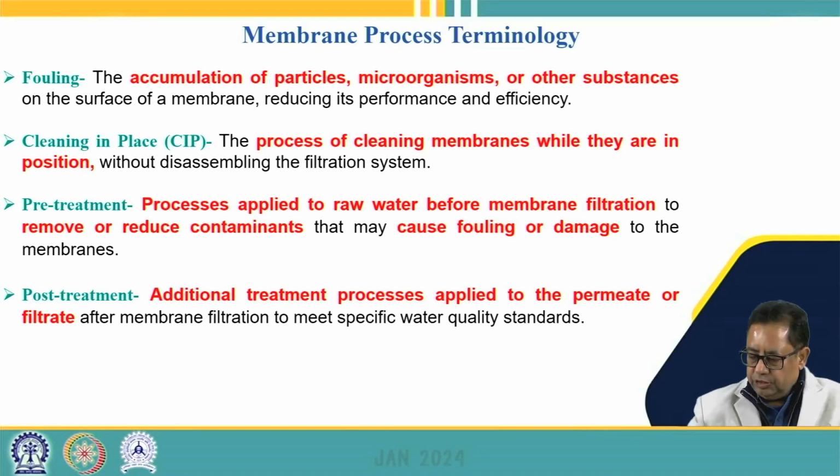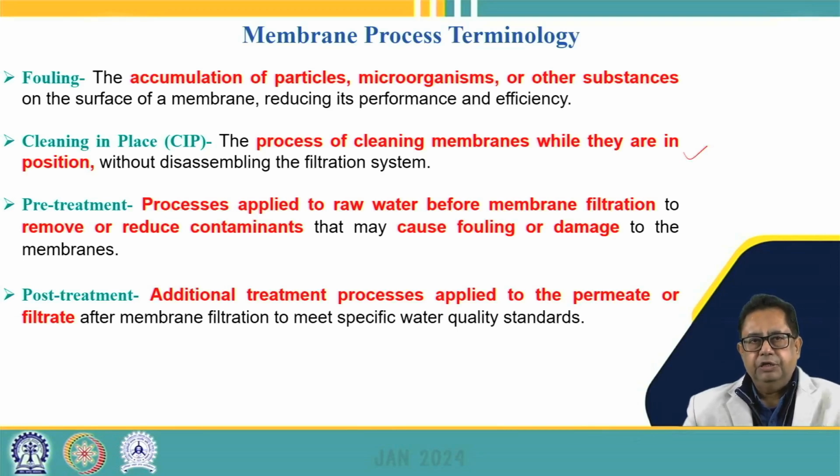Similarly, when we talk of the cleaning of the membrane, we can either clean it where it is, which is called cleaning in place, CIP. That is the process of cleaning the membranes while they are in position, while they are being used. It may be done by passing air or by backwashing the membrane, so that it is washed at the place where it is housed, right?